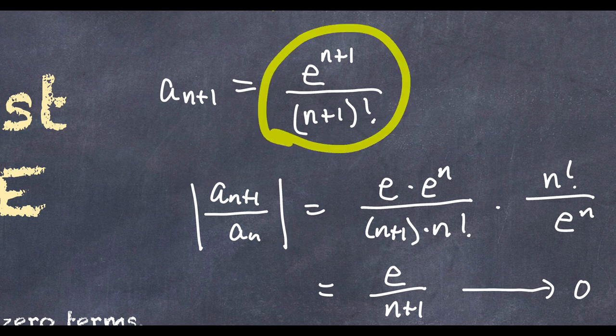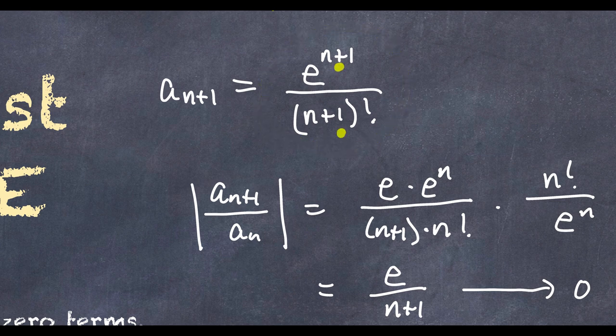Writing down the current term, let's set things up so that we'll produce nice cancellations. E, having n plus 1 copies, let's divvy out n copies here and save 1 copy here. Same notion on n plus 1 factorial. Let's save n plus 1 and then apply the factorial just to the n.